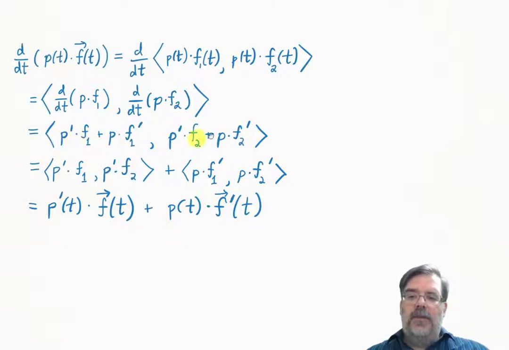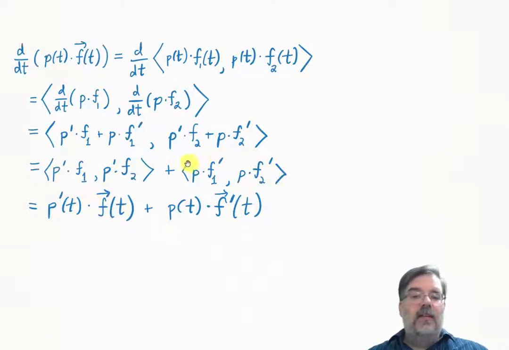Now, these expressions we can actually separate. Since there's a sum in each component, we can write this expression as the sum of two vectors. In particular, this first vector has a p prime multiplied by each component, so we could factor out that p prime. But when we factor out p prime of t, we're left with the original vector function f of t.